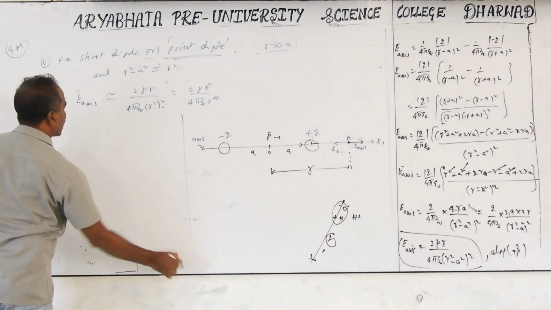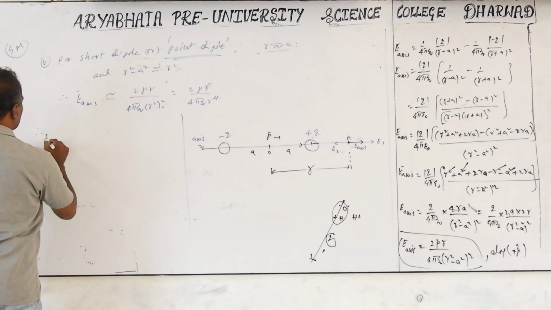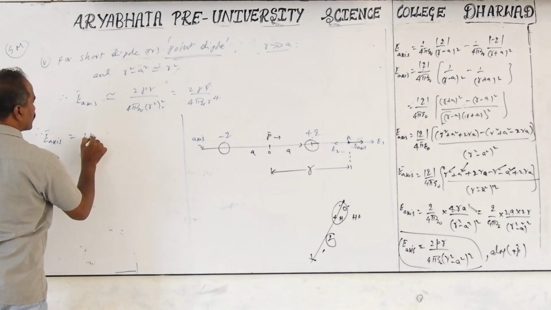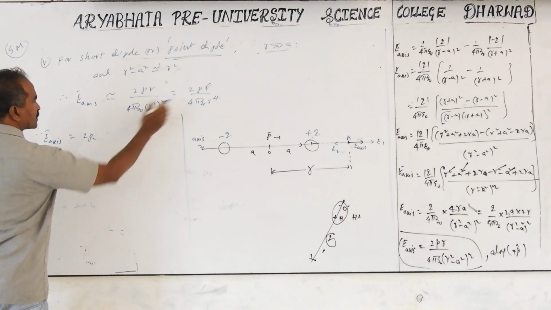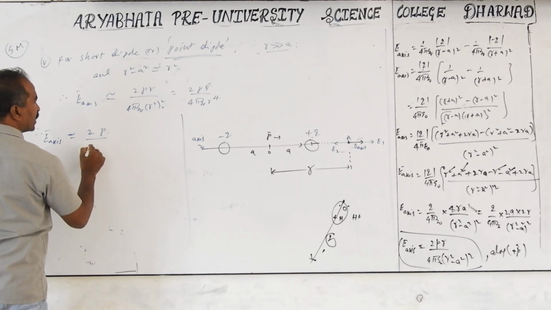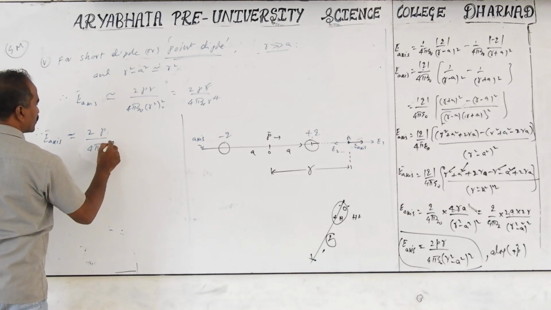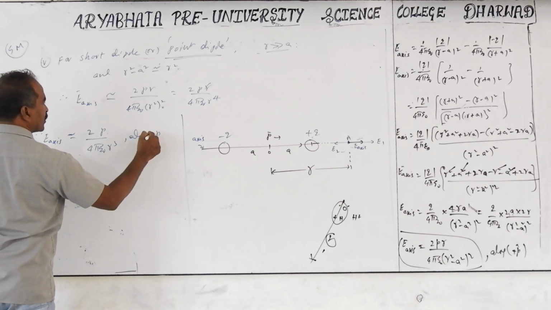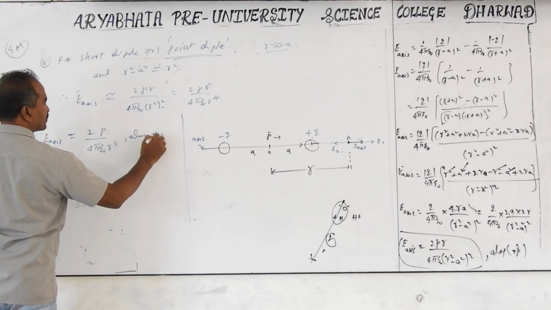Therefore, E axis is approximately equal to 2p by 4 pi epsilon into r cube. Direction along plus p bar, plus p cap.